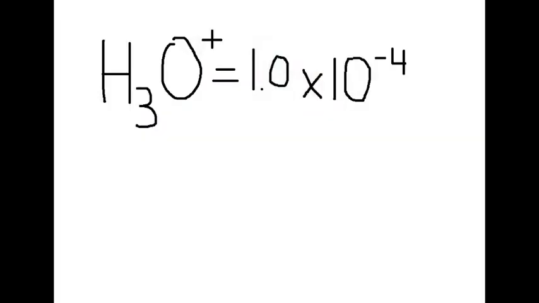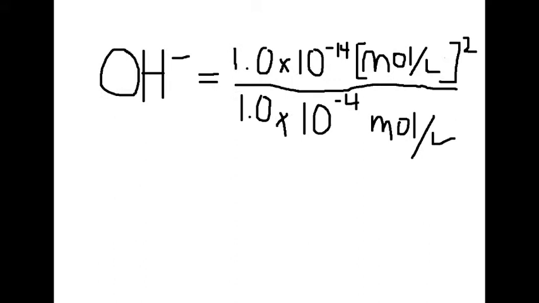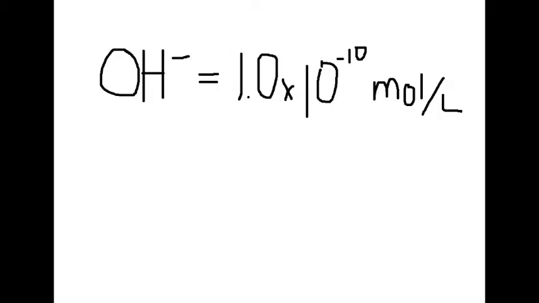Yes, okay. So you need to classify which solution is basic, acidic, or neutral. [H3O+] equals 1.0 times 10 to the negative fourth moles per liter. So now I have to calculate OH negative's molar concentration. [OH-] equals 1.0 times 10 to the negative 14th moles per liter squared divided by 1.0 times 10 to the negative fourth moles per liter, equaling 1.0 times 10 to the negative 10th moles per liter.